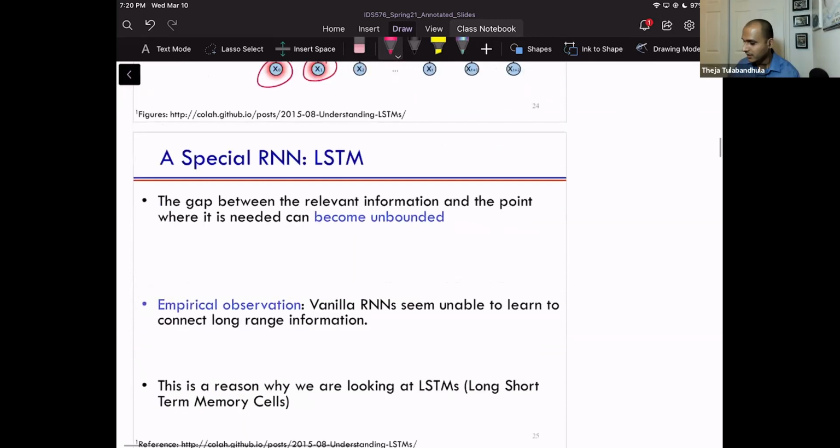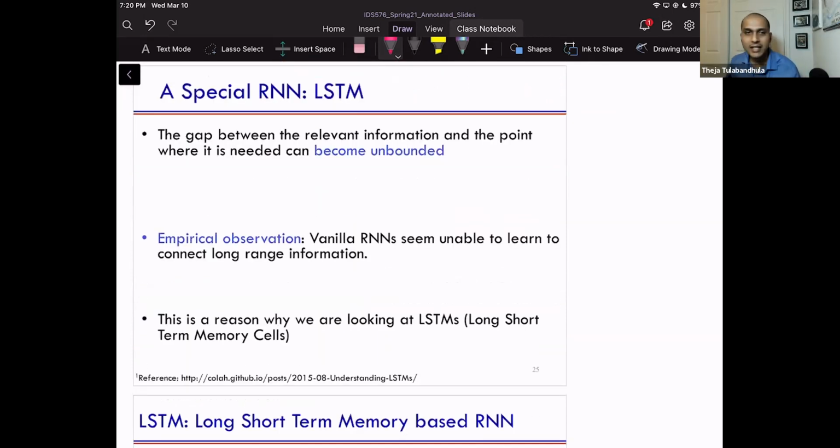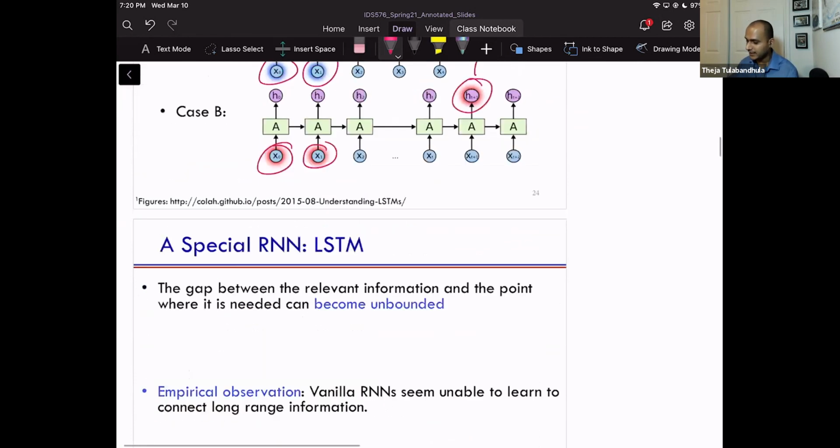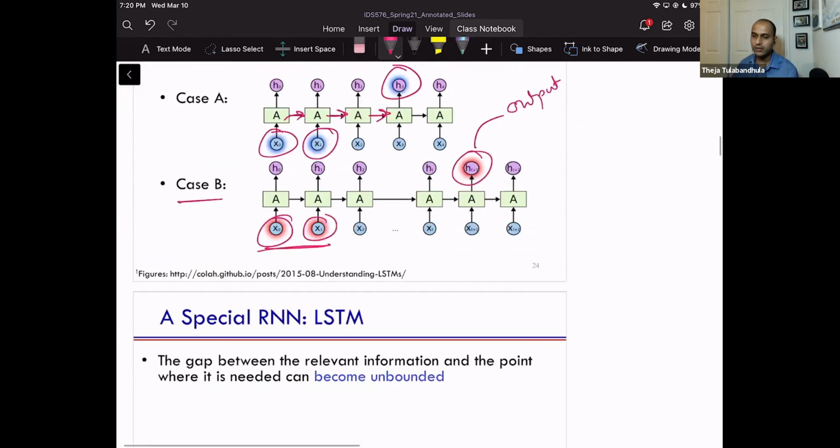Okay. So let's talk about LSTM. LSTM is trying to address or capture case B type of situations, where you have a sequence and you're trying to make a prediction at, let's say, the t+1 stage, and information at the extreme beginning of the sequence is useful for that. LSTM is an RNN which is able to ensure that information is retained when you're creating the hidden vector.